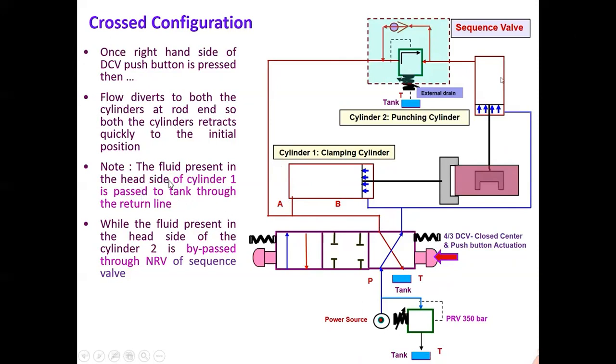The fluid in the head side of cylinder 1 is passed to the tank through the return line, and the fluid in the head side of cylinder 2 is bypassed through the NRV. Here, this side's oil is collected in this tank.